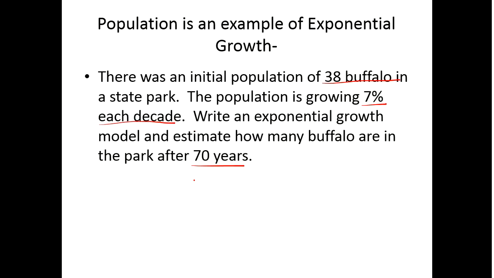So now let's plug it into our formula. So I have y equals A. A is the initial amount, which I start with the initial population of 38. So it's going to be 38, 1 plus my rate, and my rate is 7% each decade, so 0.07, right, would be a decimal, and then to the t power.